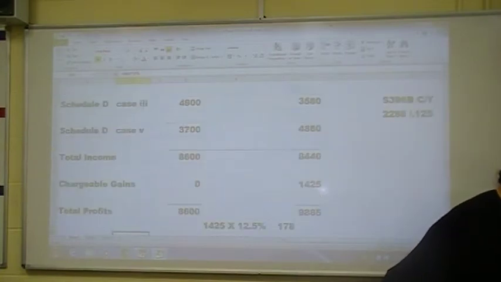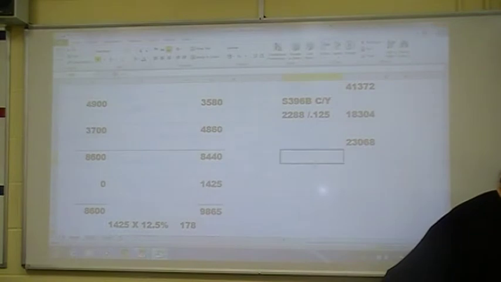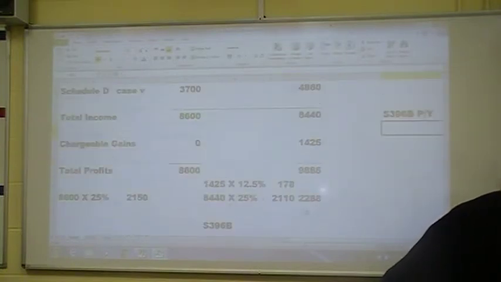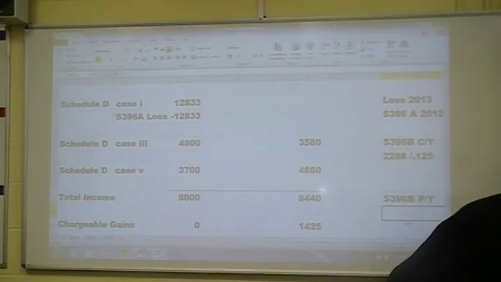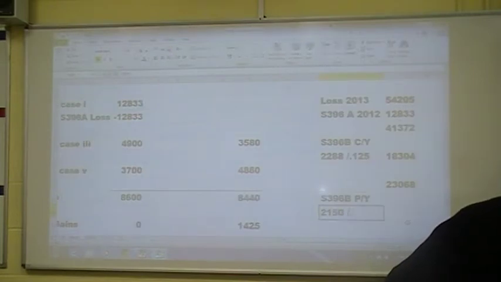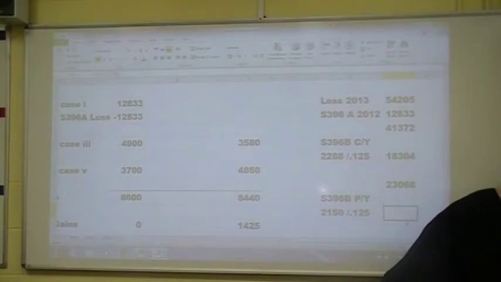So up to our last memo again. Okay, this is section 396B for prior year. It's 2,150. So 2,150 divided by 0.125 is 17,200.